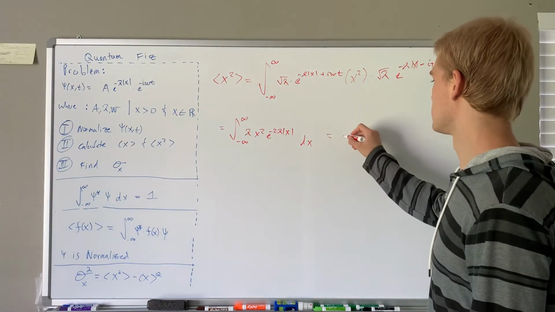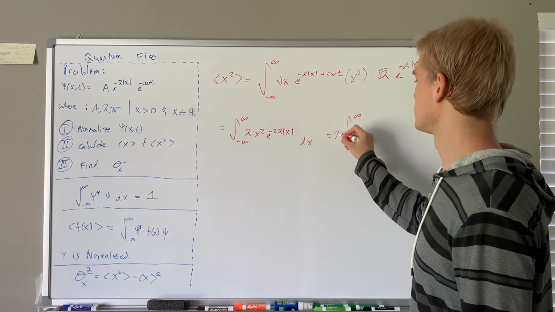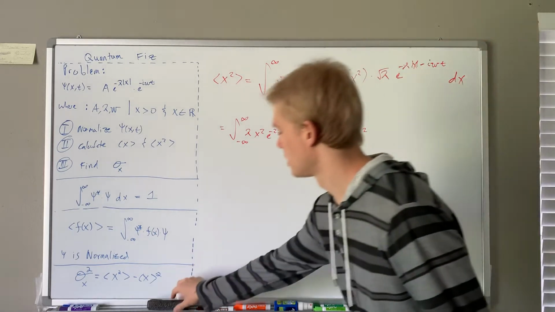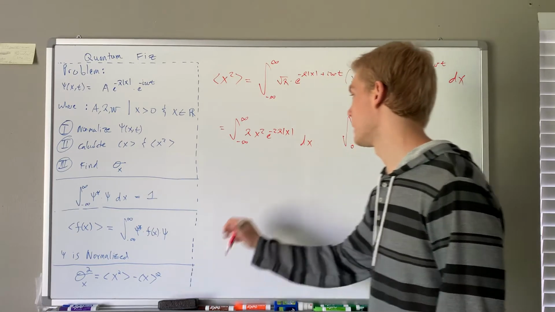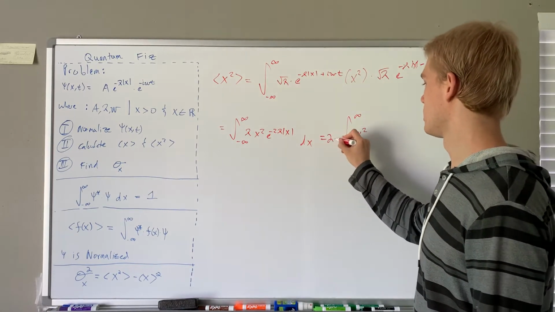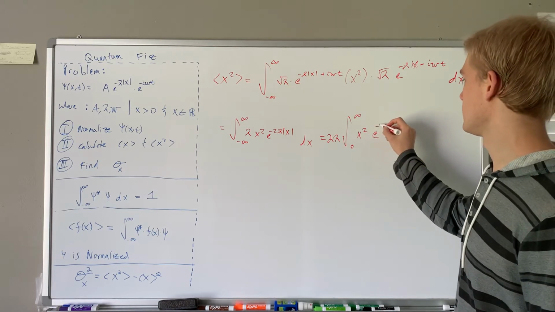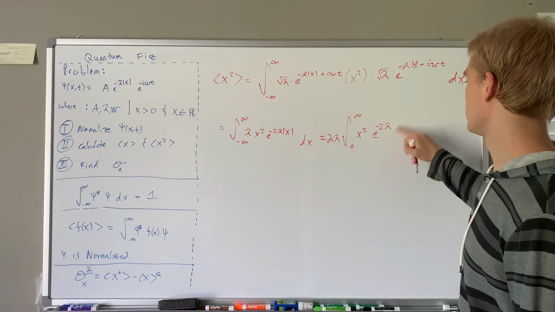So what does this become? From 0 to infinity, I can take out this constant lambda, multiply the whole thing by 2, and that was the whole point. So x squared e to the negative 2 lambda x. I don't need the absolute value anymore.